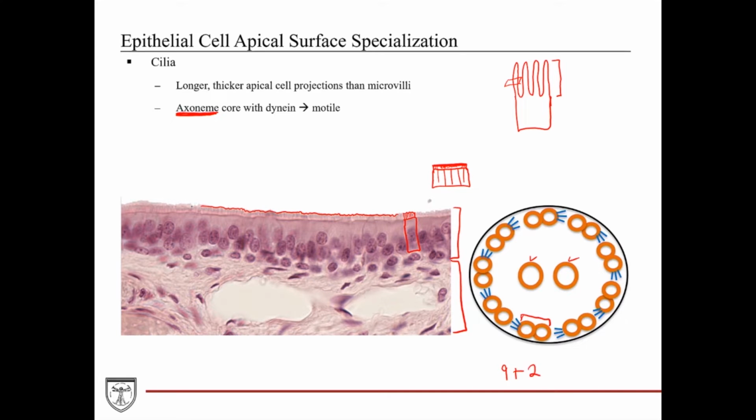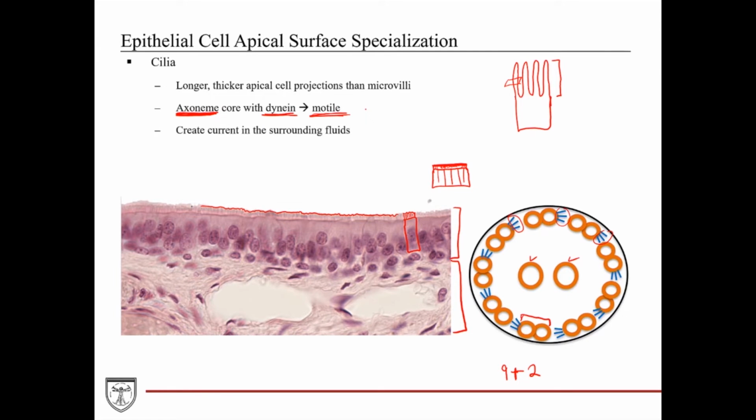So this 9+2 arrangement is typically called the axoneme. And off of the doublets, there are these dynein arms that extend out and interact with the neighboring doublet. And this interaction is what allows the cilia to be motile, to bend one way or the other.